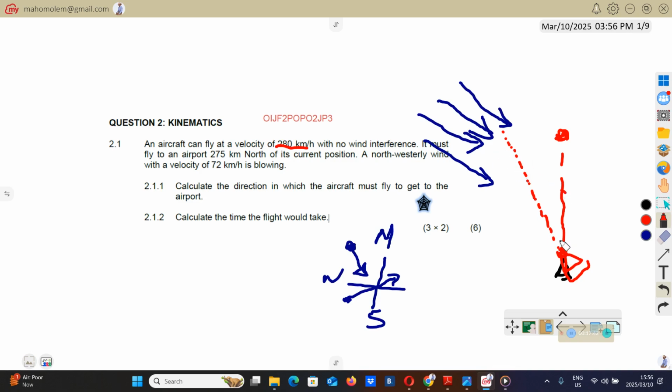Therefore, as the body of this airplane will be trying to go in this direction, this wind from this direction will push this body, and instead of moving in this direction of northwest, this body now will take this direction.